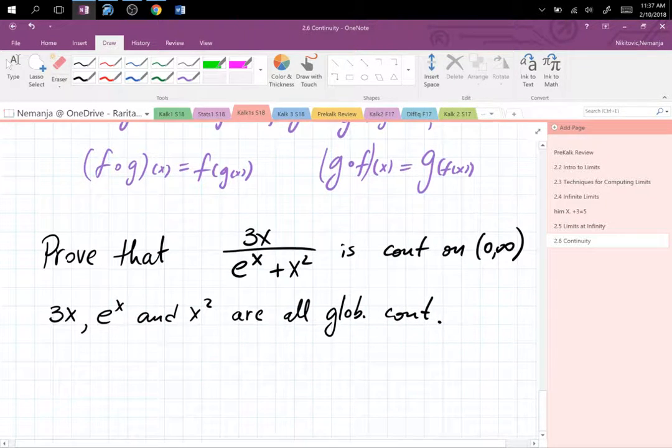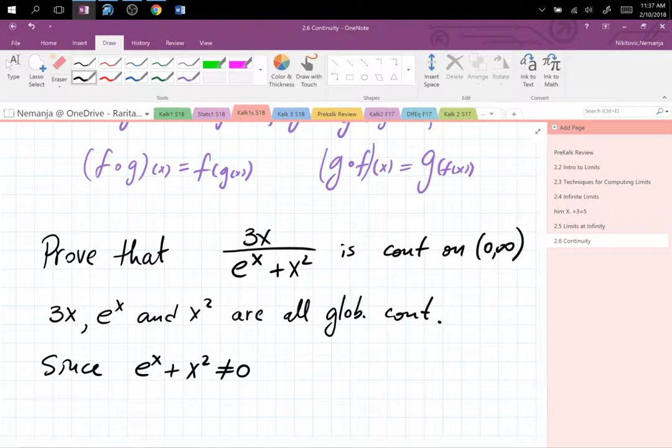And then I just need to show that the denominator cannot be 0. So I'll just write, since e to the x plus x squared is never 0, because you can't make it 0.